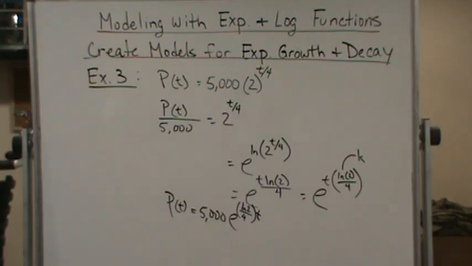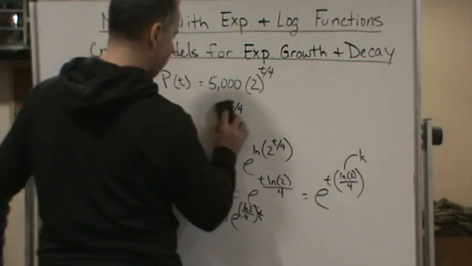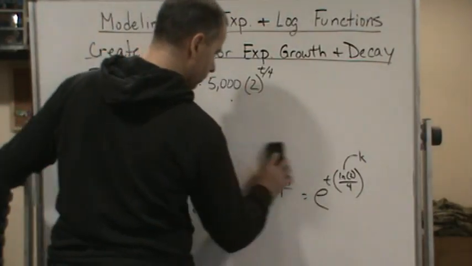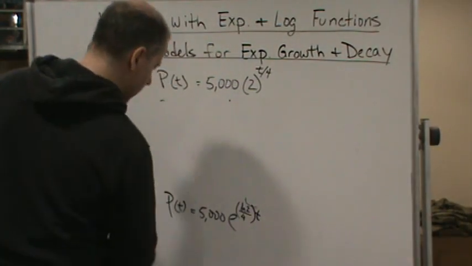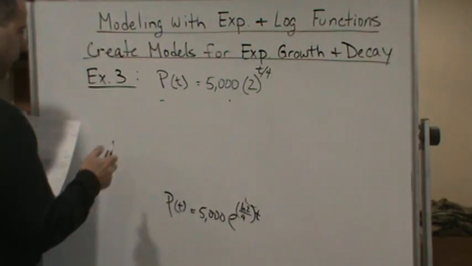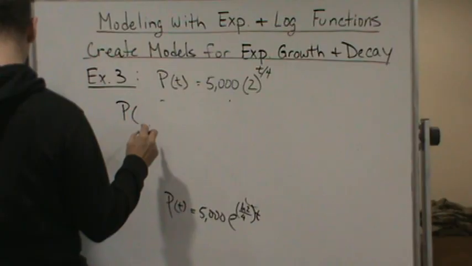Now it says, find the population after 12 hours using both forms. All right, so that's part B, right? So now we've got 2 models, right? Let's use them both, see what we get. So P of, this says what? 12 hours.